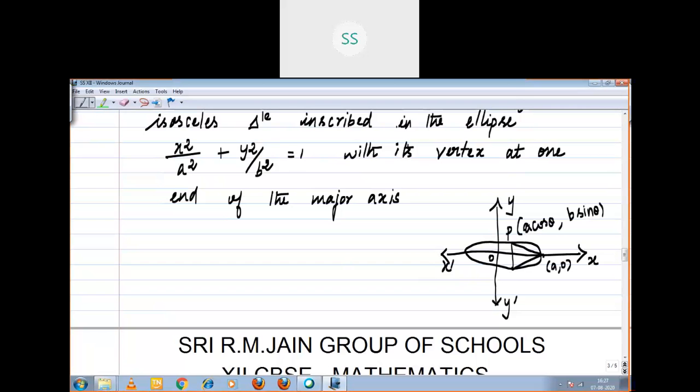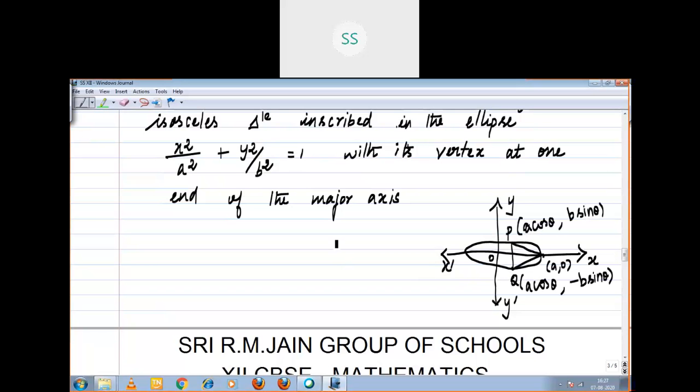Here, what is the coordinate of Q? a cos theta, x is positive, y is negative, b sin theta. You have to take polar coordinates: P as a cos theta, b sin theta, Q as a cos theta, minus b sin theta, right children?